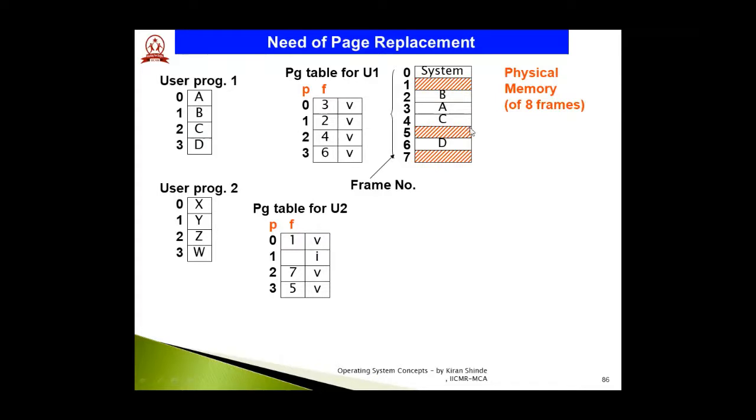Four frames are allocated to the 4 pages of user program 1, and for user program 2, after 3 frames are mapped to 3 pages, there is no free frame left in system memory. Because of that, page number 1 of user program 2 is not finding any mappable frame. That is nothing but the page fault.